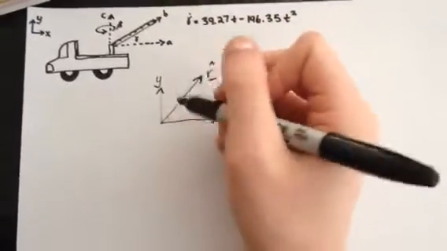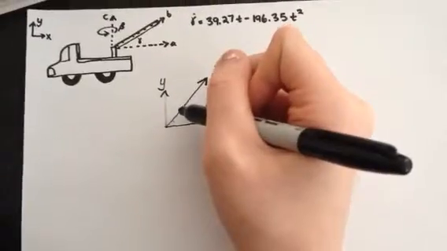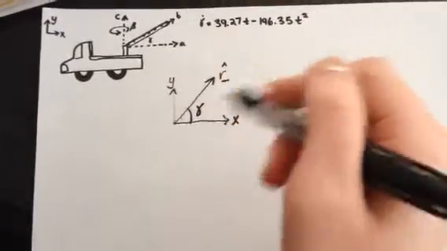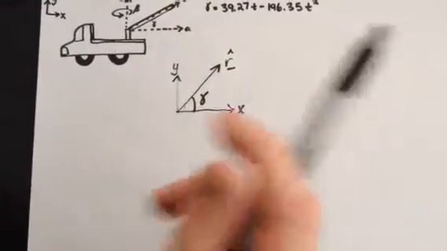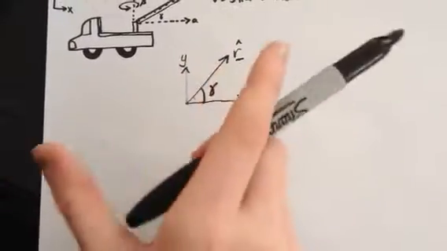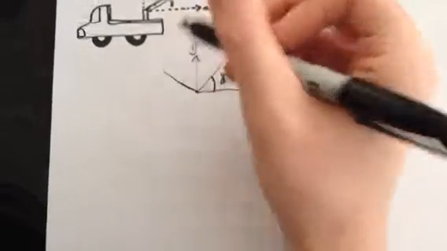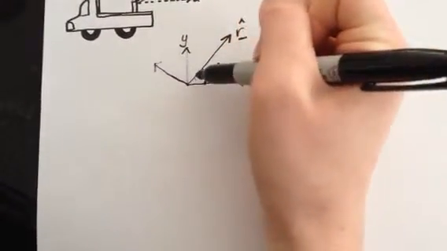So this angle here is the angle in this coordinate system. And then the theta direction is going to be orthogonal, perpendicular to the r, making a right angle, 90 degrees.